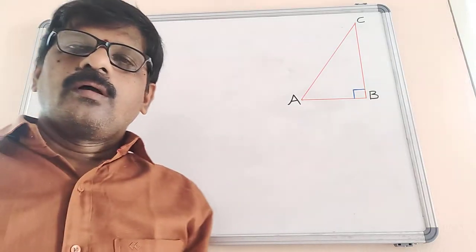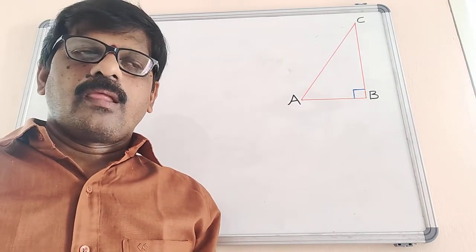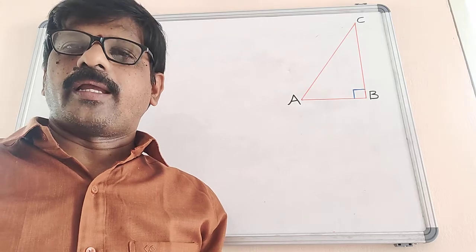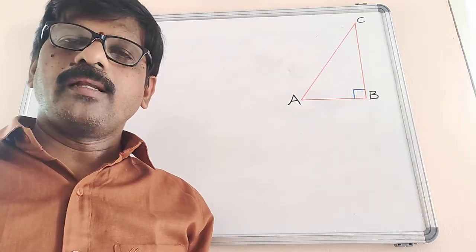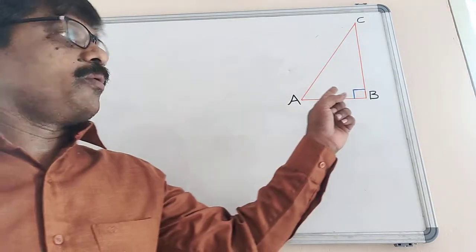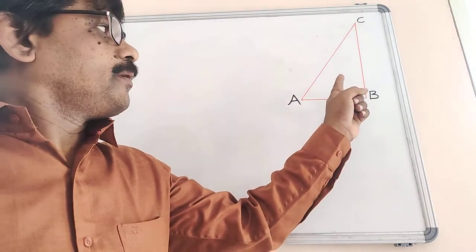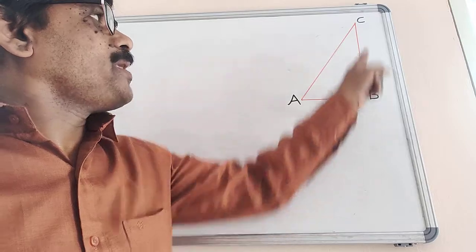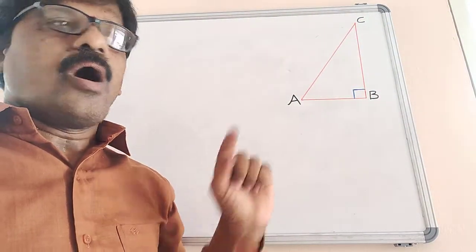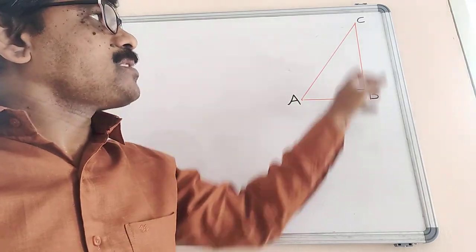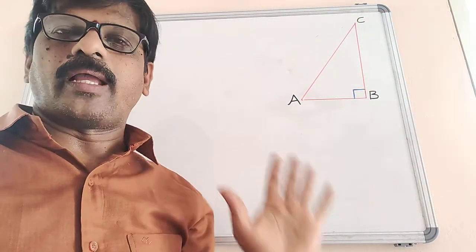Now we discussed right angle triangle. So what about right angle triangle? See the picture. ABC is a right angle triangle. How can you say ABC is a right angle triangle?